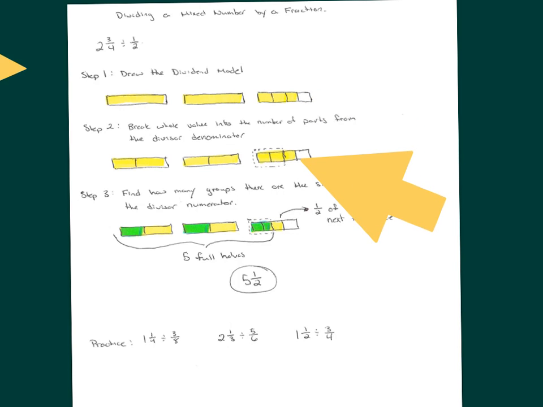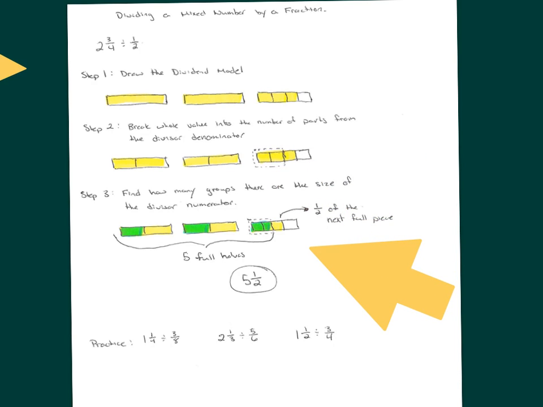We're going to break the whole values into the number of parts from the divisor denominator, just like we did in that first one where it was the whole number divided by the fraction. So I take my halves. I'm going to break each of these wholes into halves, and then I can look at this one. This was 3/4, so I could kind of see, well, 2 of those make up a half, so that's where this dotted box comes from, that I was looking at the half right there.